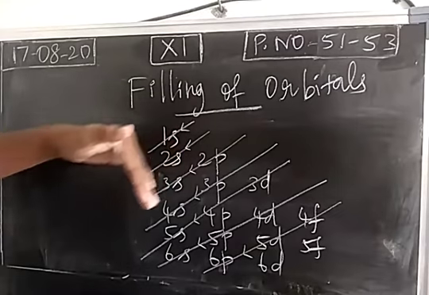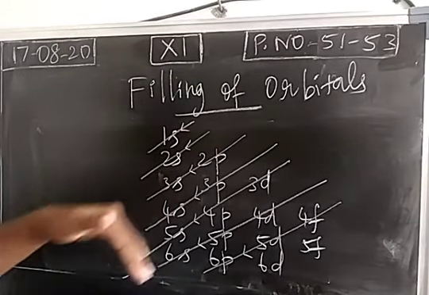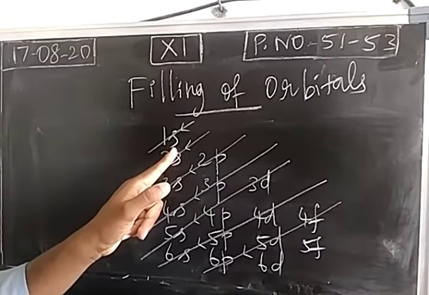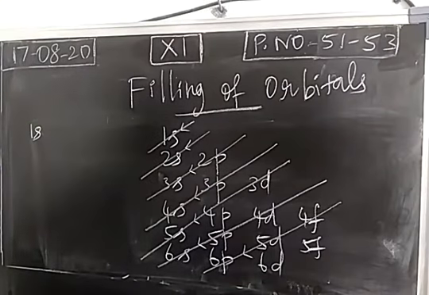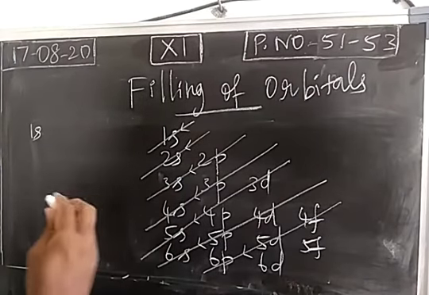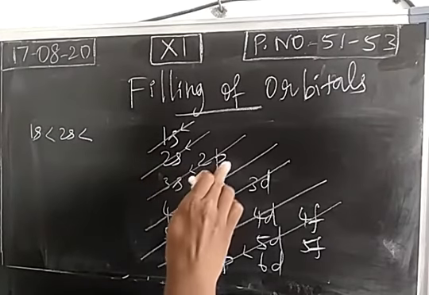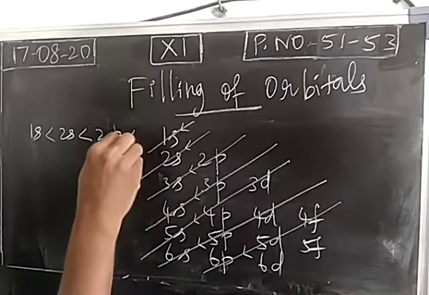Now energy is increasing in this order, right? Top to bottom. So 1s orbital is having the least energy. Next 2s. After 2s, the lower energy orbital is 2p.